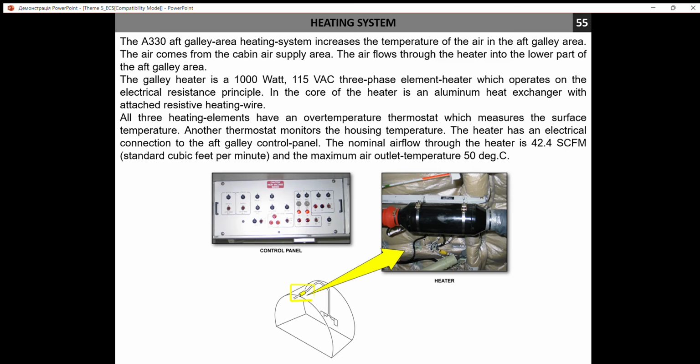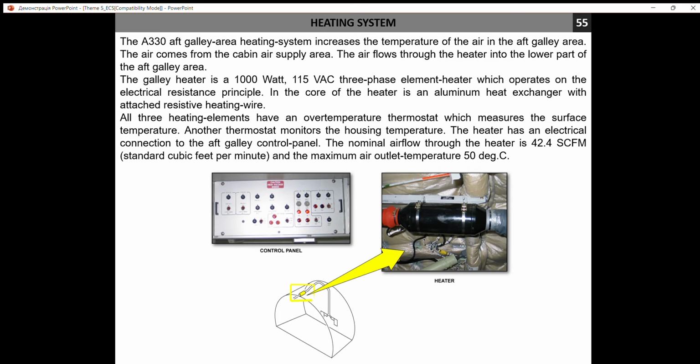This heater is an electrical heater that uses an alternating current three-phase electrical system, and may generate up to 1 kilowatt, and it may control the air temperature at the outlet up to 50 degrees Celsius. It is not typical, but it is a special purpose heating system.